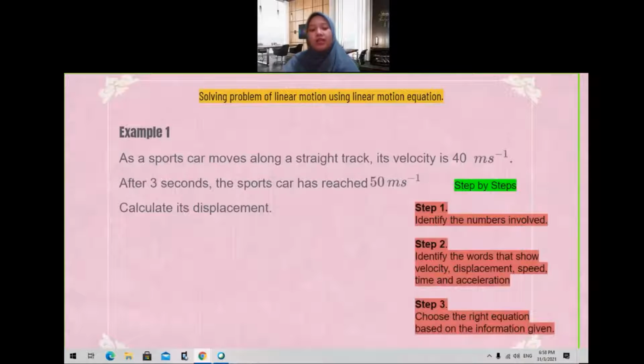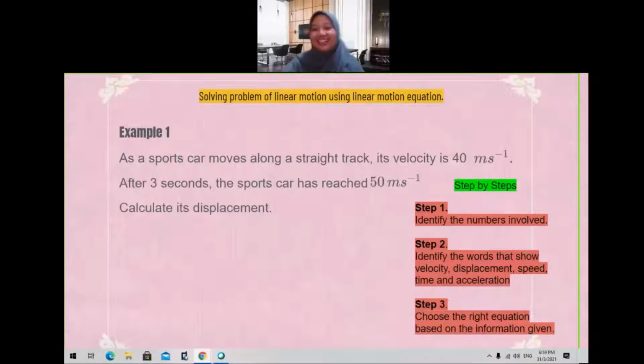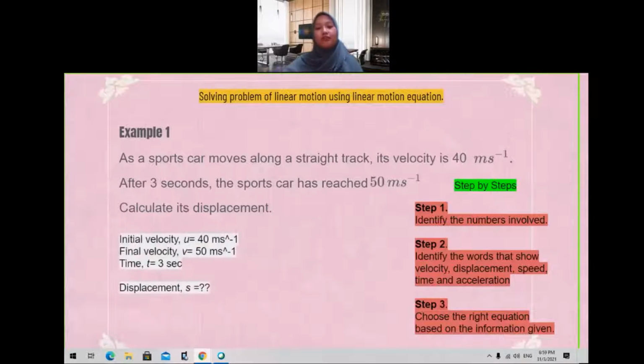Step 1 is to identify the numbers involved. What numbers have you seen in this question? 40, 3 seconds and 50 meters per second. Now step 2: identify the words that show velocity, displacement, speed, time and acceleration. For the 40 meters per second, what is it? It is velocity.